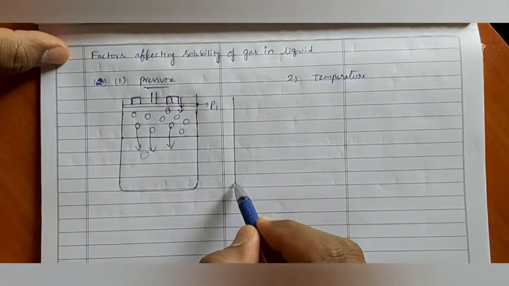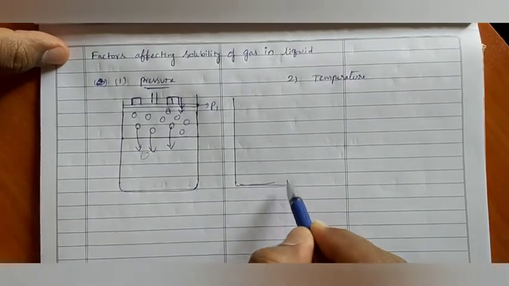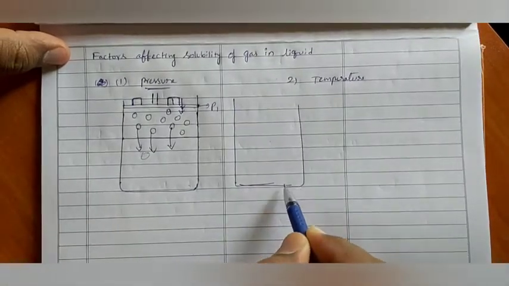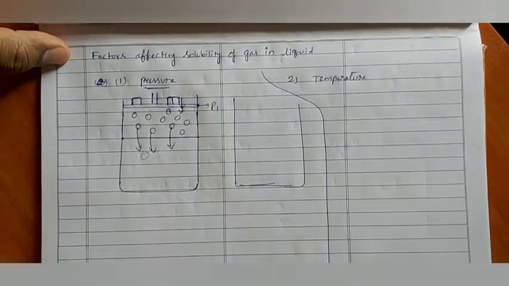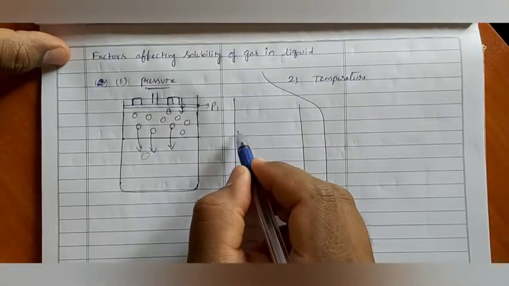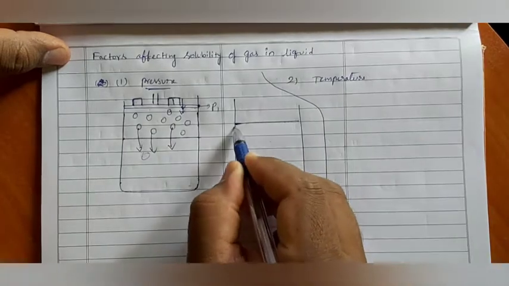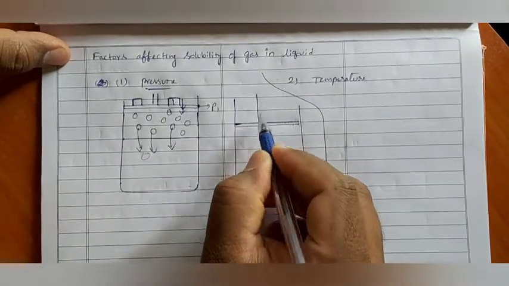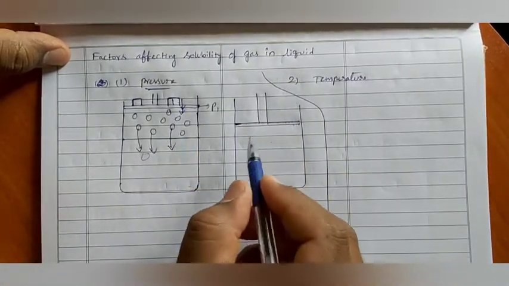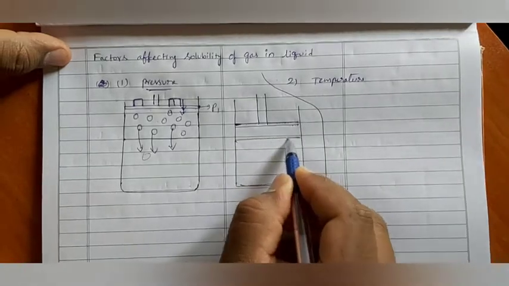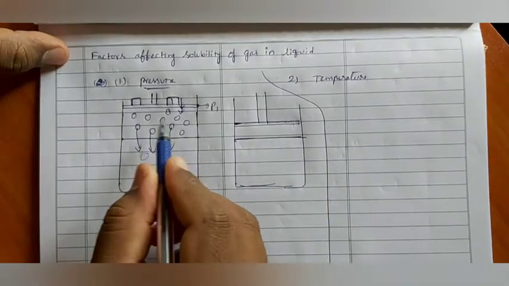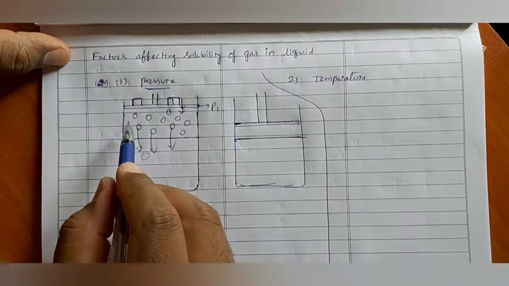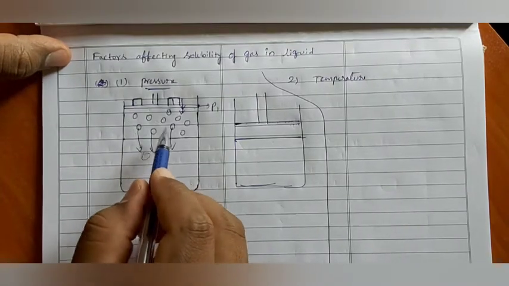That was the initial condition. Now I am going to draw the final condition. Because of the weight, that piston has moved this much down. Previously, how many particles were there in the gaseous state? 10 particles.